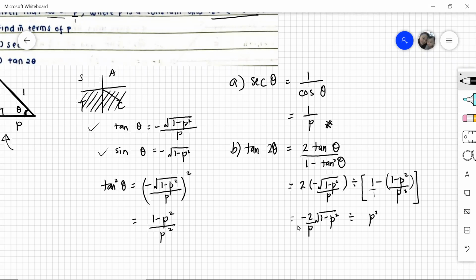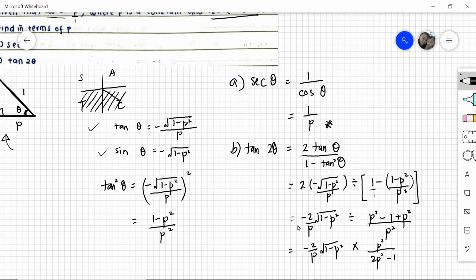That would be p squared minus, open up the bracket, minus p plus p squared over p squared. Okay, so next, this is what we're going to do. We times and write in its reciprocal, p squared over 2p squared minus 1.